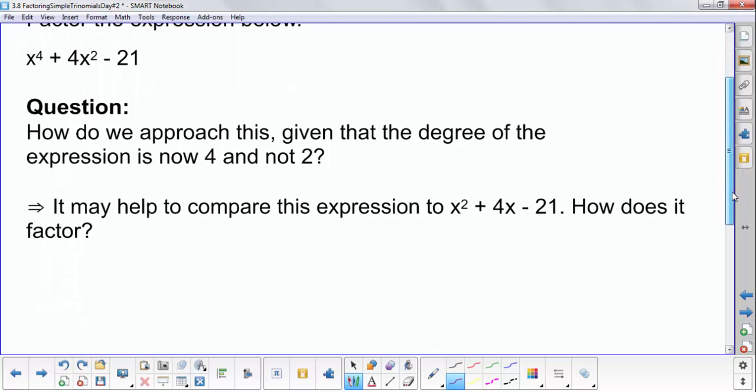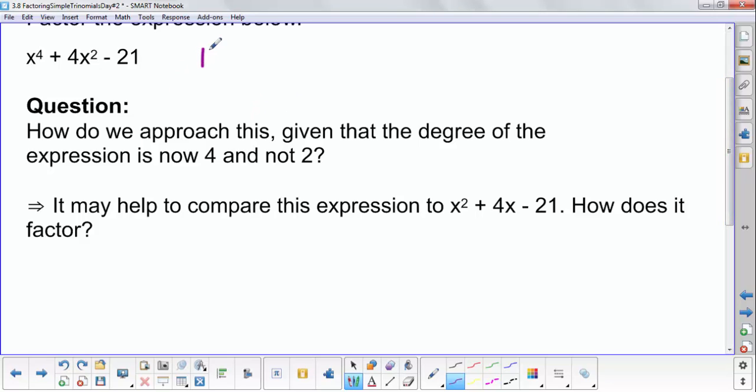We are still looking for two numbers that multiply to negative 21 and add to 4. So those two numbers would be positive 7 and then negative 3. Okay, so now that we have the numbers, remember we're going to have two brackets, just like we would in any of the other questions.